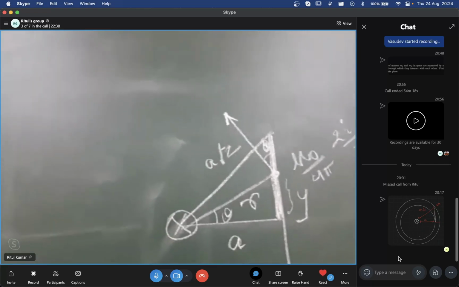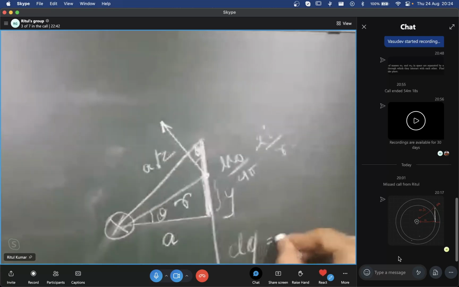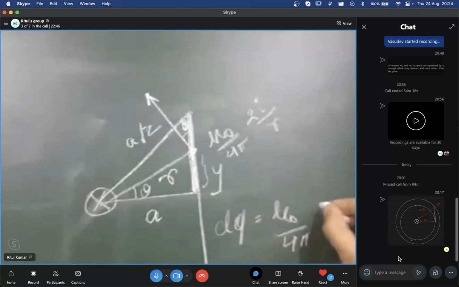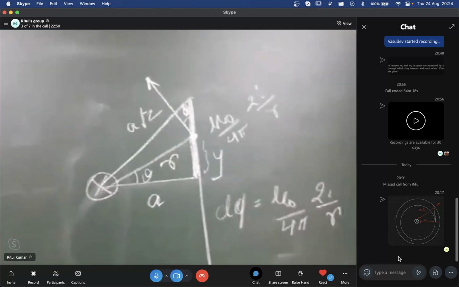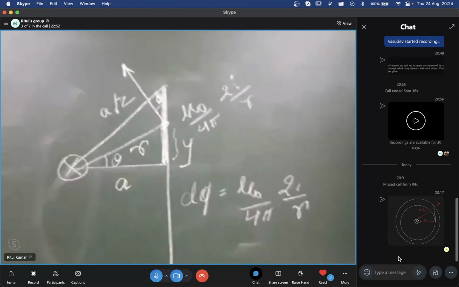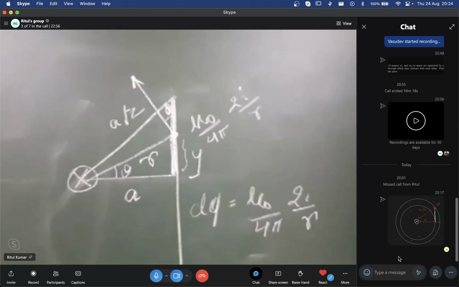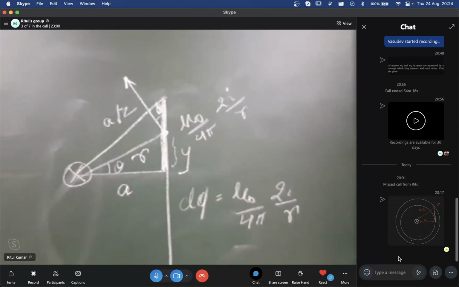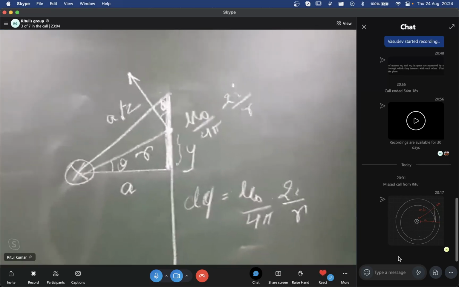What do we get from here? The small amount of flux, if we are to calculate: mu naught by 4 pi twice I by R, into area. Area would be R by cos theta, giving the height, times A to give the length.